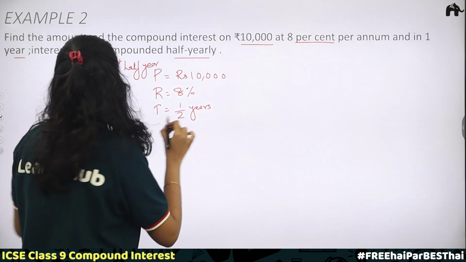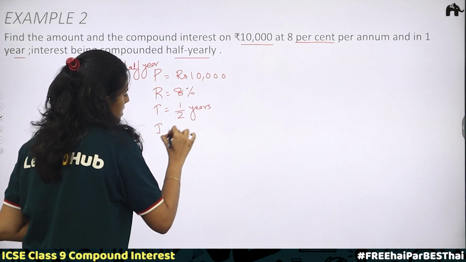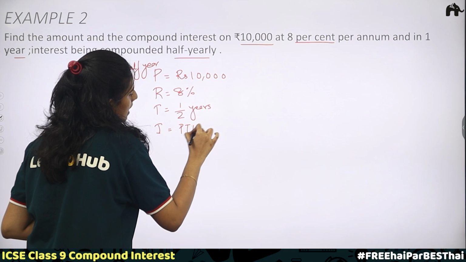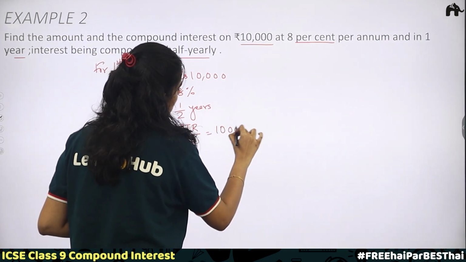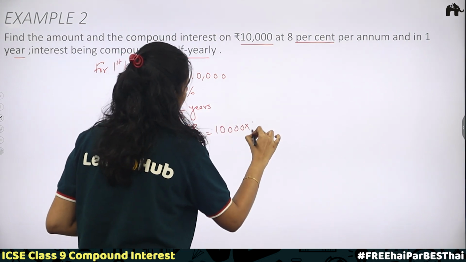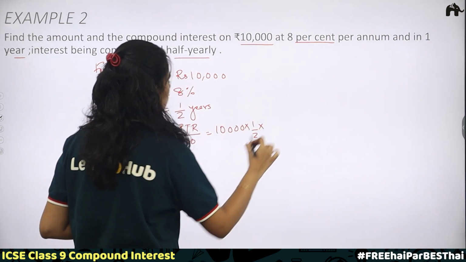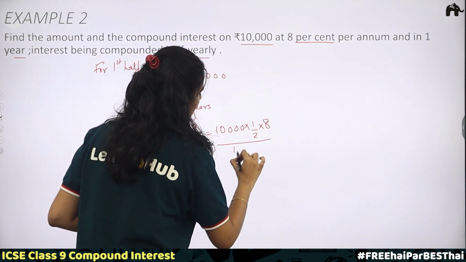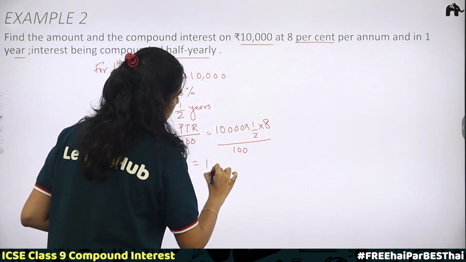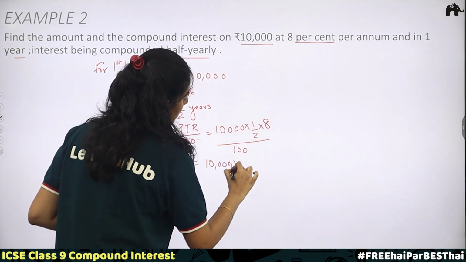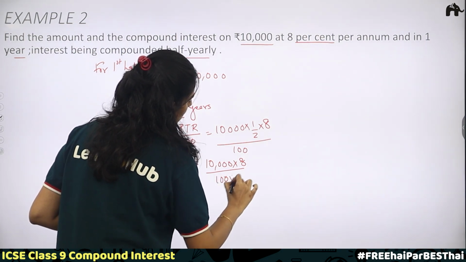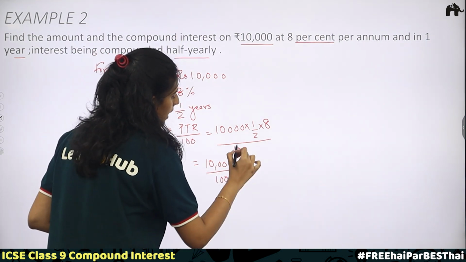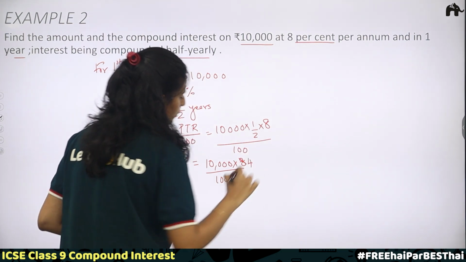Okay, so first we'll calculate the interest. Interest is equal to PTR divided by 100, that is 10,000 into half into 8, whole divided by 100, which is equal to 10,000 into 8 divided by 100 into 2. 2 and 8 can be cancelled. We get 4 here.